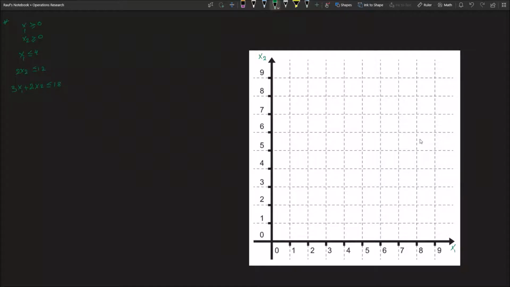Okay, let's go for the simplest one. We have x1 and x2 are positive values.